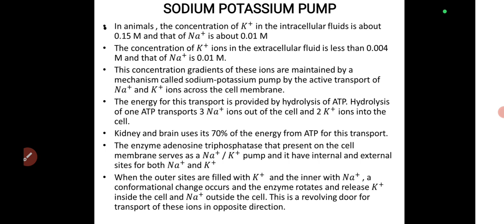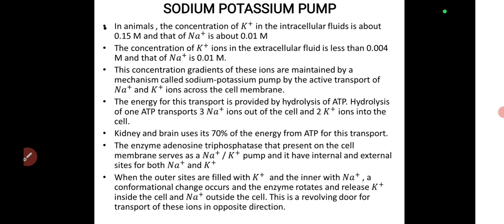So I will give you some examples. Suppose there is some water in a well and I want to bring this water to a tank on the second floor. The potential energy of water inside the well is very low, and I am using a pump to carry this water to the tank present on the second floor. And we know that on the second floor there will definitely be very high potential energy.